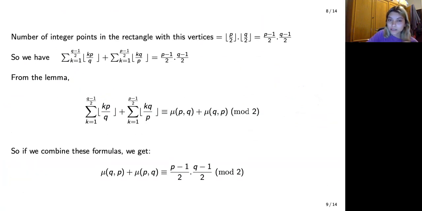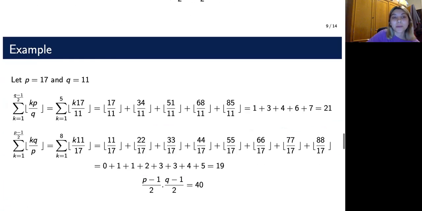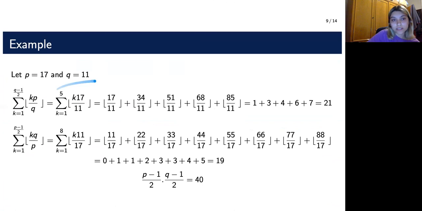Maybe it's not clear for real numbers, so let P be 17 and Q be 11. When we take our formula, we take k from 1 to 5, because Q is 11 and Q minus 1 over 2 is equal to 5.